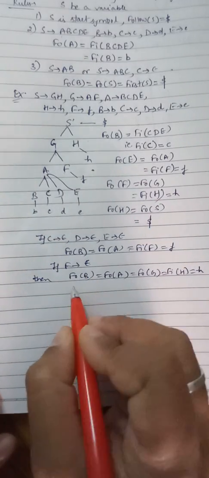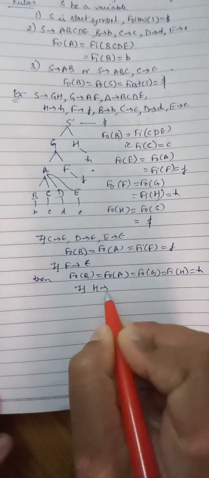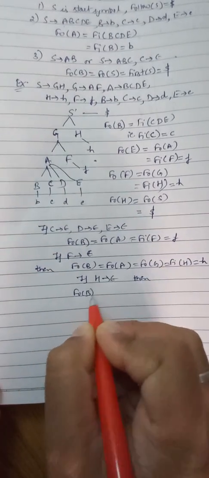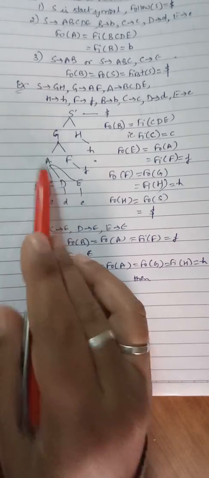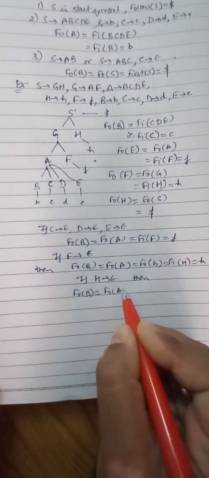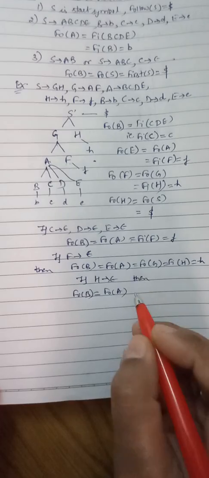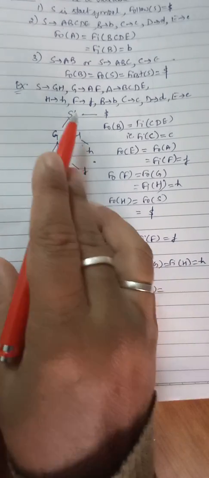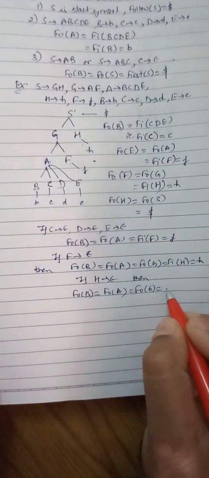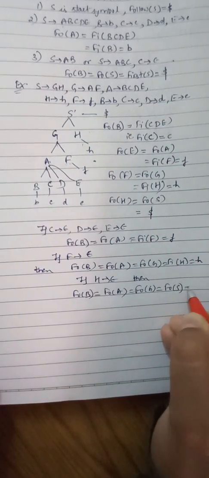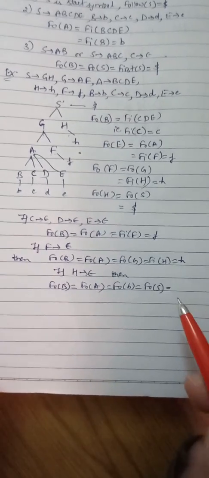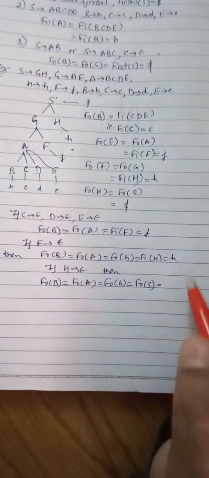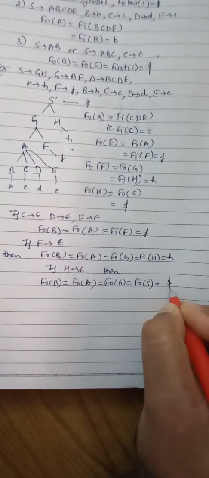And if we suppose h is also epsilon, then how to calculate follow of B? Then follow of B is follow of A, and because this is also epsilon, follow of G, and this is also epsilon, so follow of S. Because this is the start symbol, it always has the dollar sign.